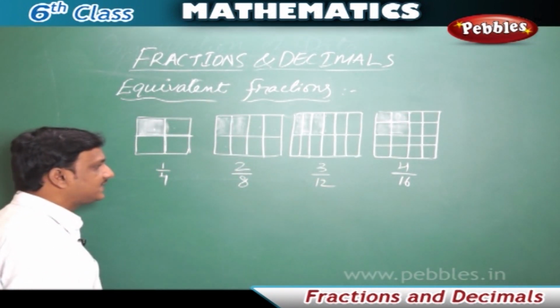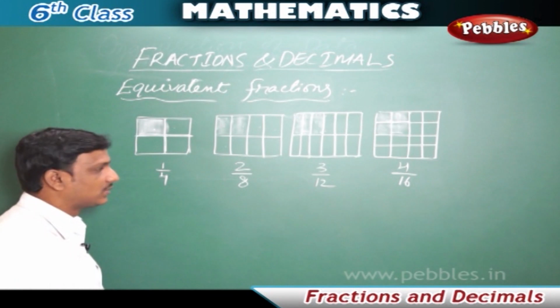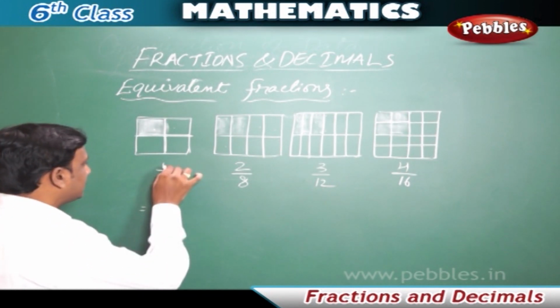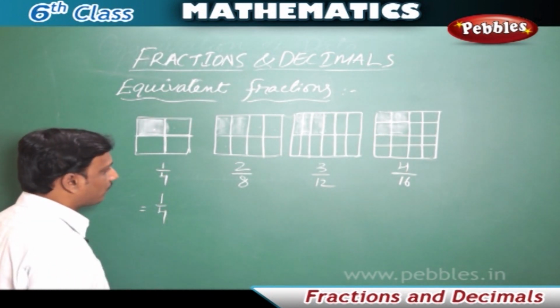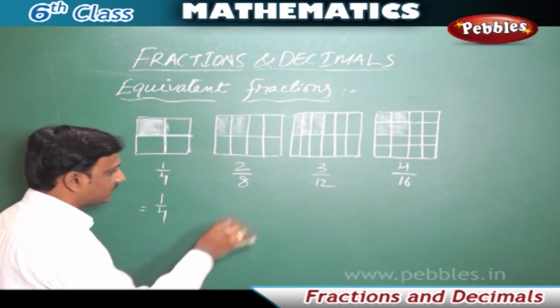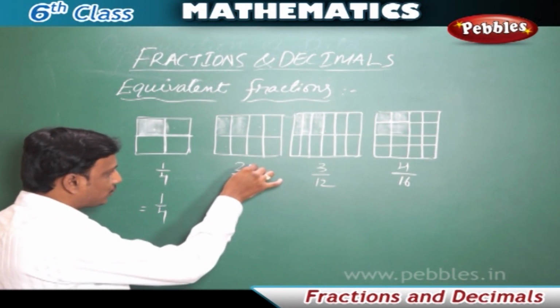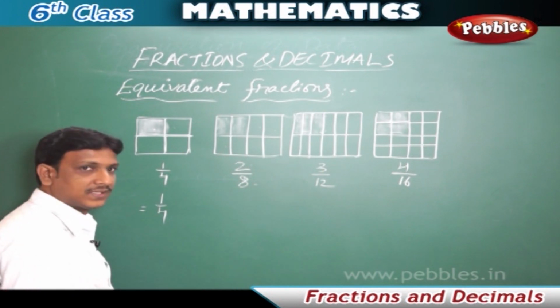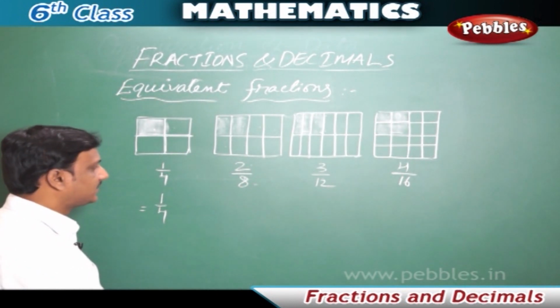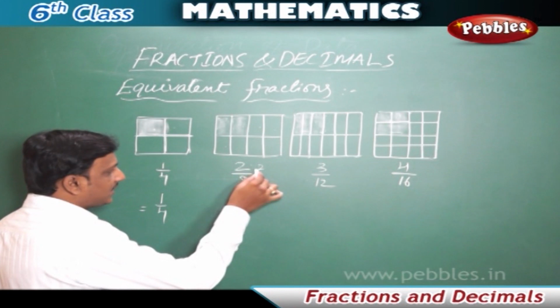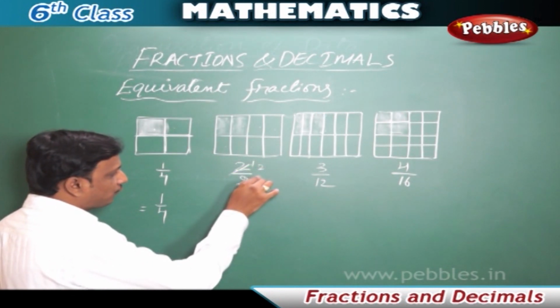If we observe these fractions closely, we find one similarity. See, this is 1 by 4. If you see this fraction, both the numerator and denominator are divisible by a number. What is that number? 2. 2 1s are 2, 2 4s are 8.